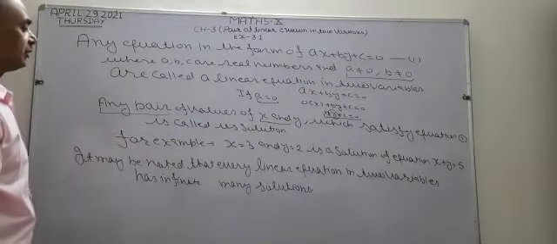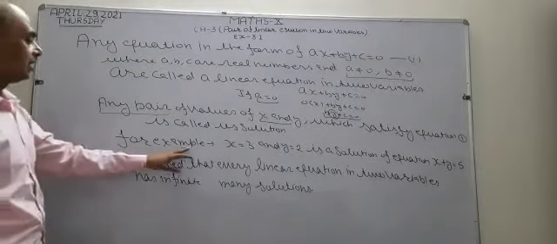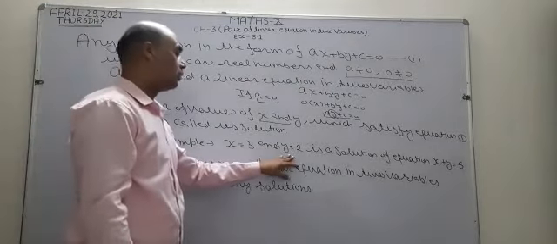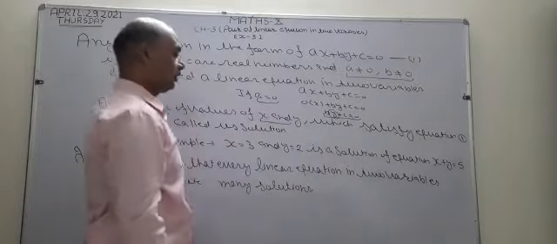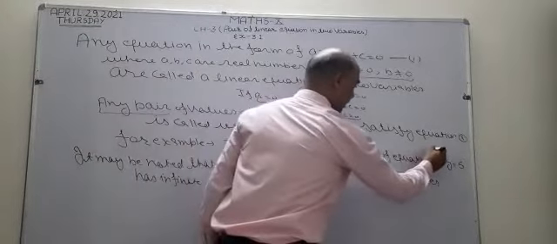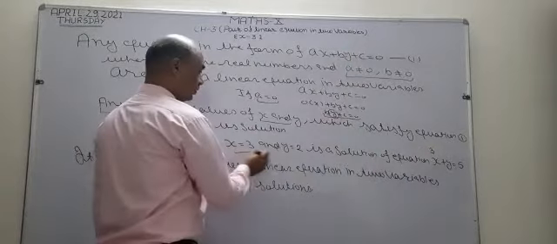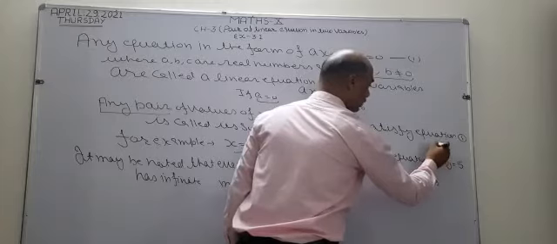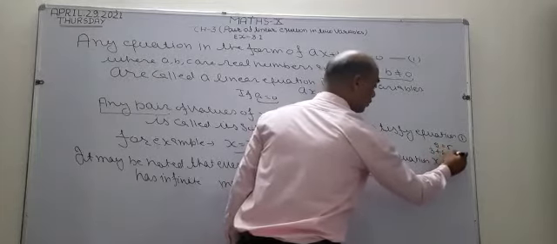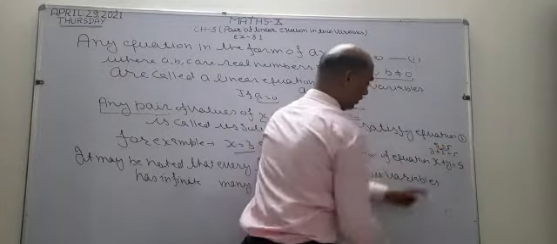I show with some example. For example, x equal to 3 and y equal to 2 is the solution of the given equation x plus y equal to 5. How? Instead of x I write 3 because it is given. Value of y is 2, 3 plus 2 equal to 5, it satisfies the given equation.